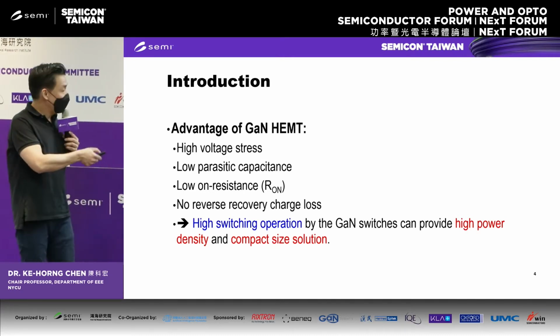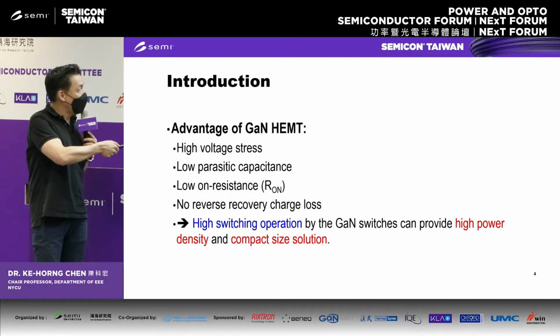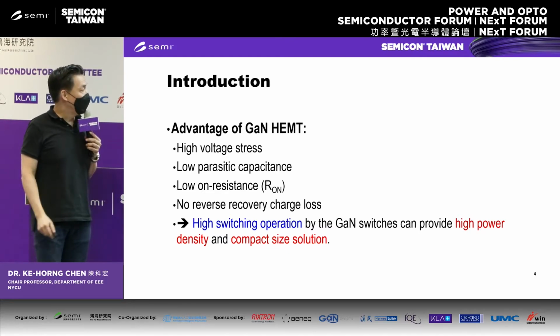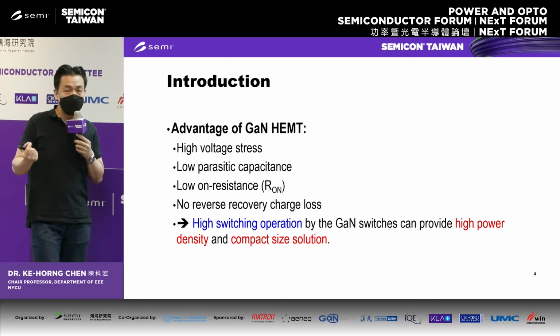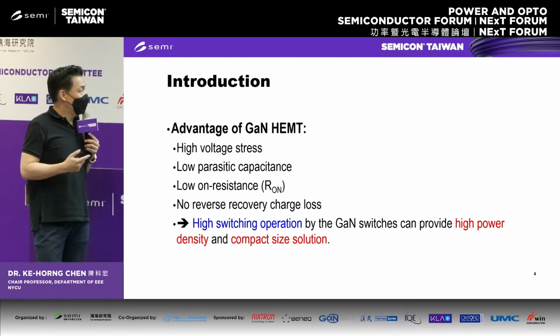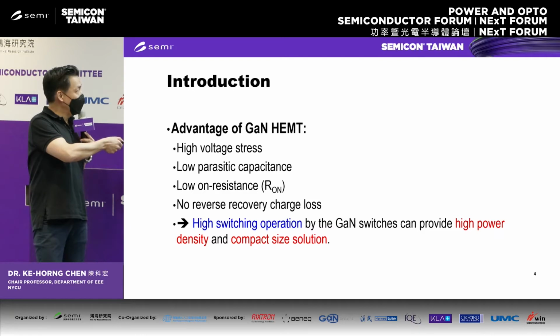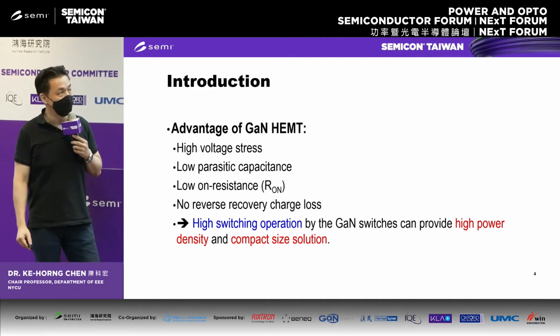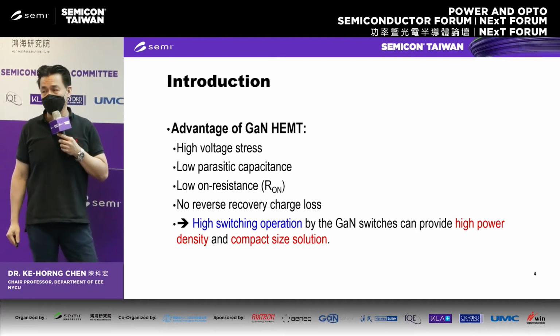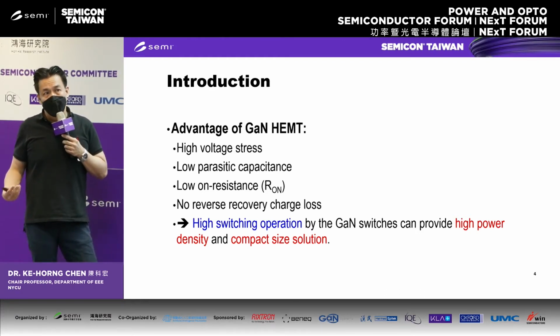Furthermore, another advantage is low on resistance. It means that if we can have a low on resistance and with a small chip size, the power conduction loss can be effectively reduced. Based on this advantage, it means that GaN is a good candidate for today's power electronics because it has minimized switching loss and conduction loss.